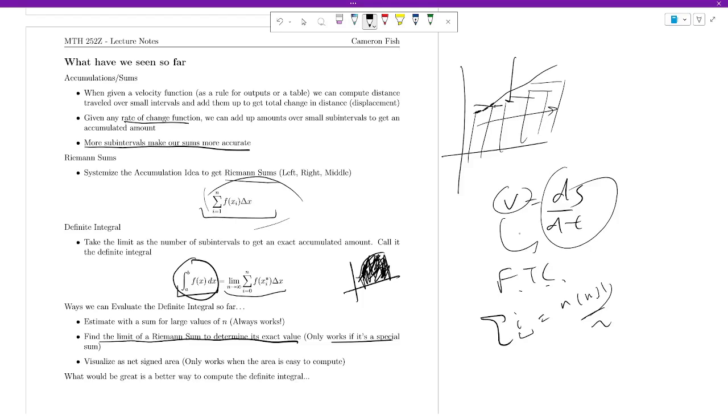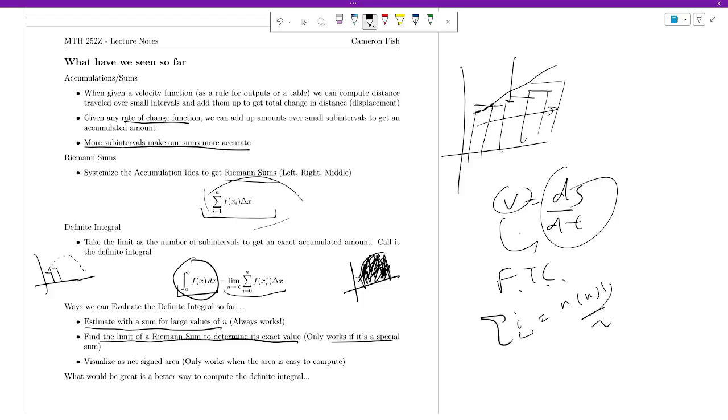Something else we could do, which we didn't talk about too much, is estimate the sum for large values of n. This is probably what you do in real life. You just have data. In real life, you might have data which looks something like a function, but you don't have a formula for it. You can still do the Riemann sum, the rectangle idea.